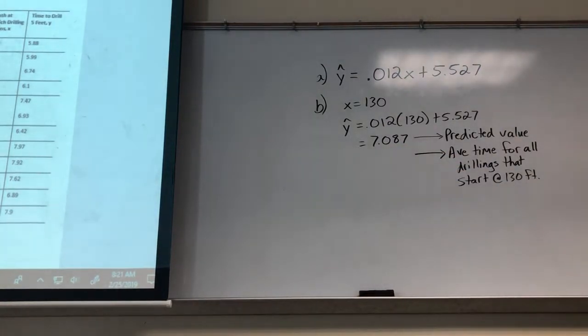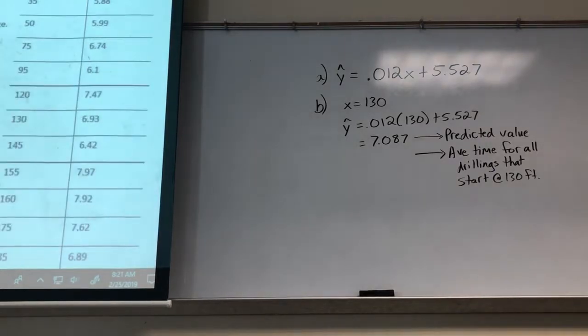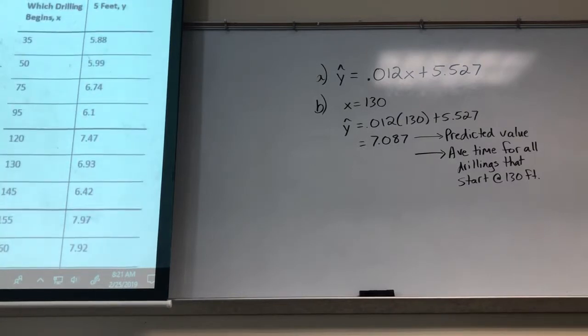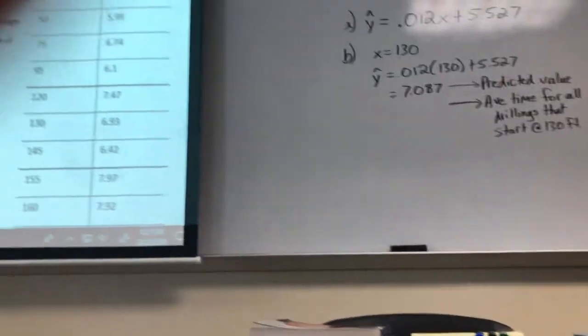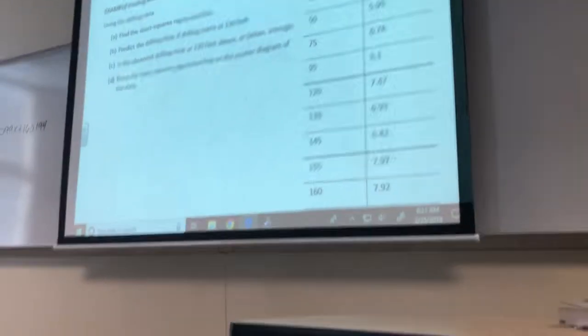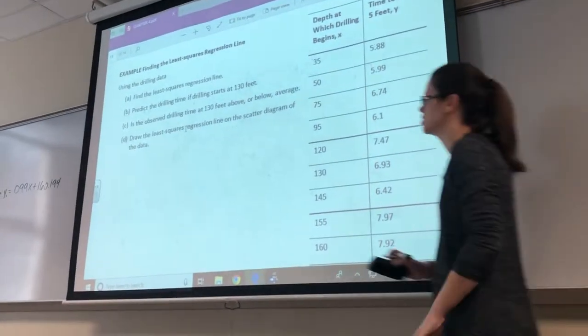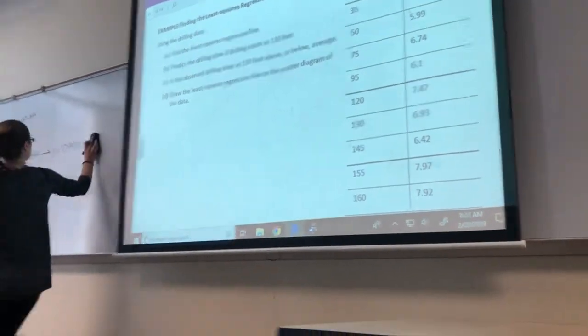So with that interpretation, that's going to be how we look at part C, because they word it kind of funny in the homework, but part C would say is the observed drilling time at 130 feet above or below average. So for part C, our average is 7.087.